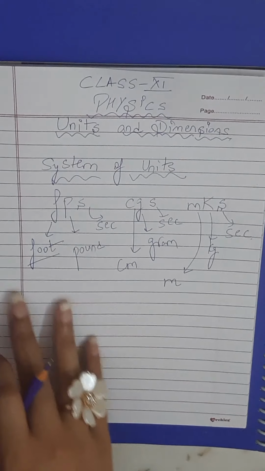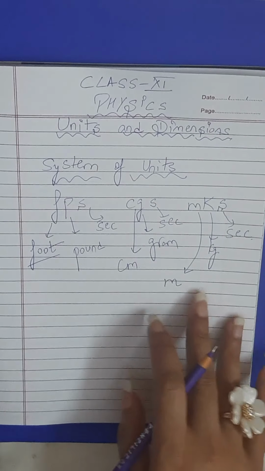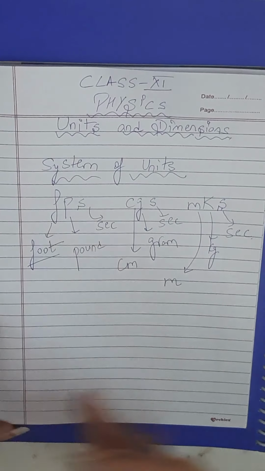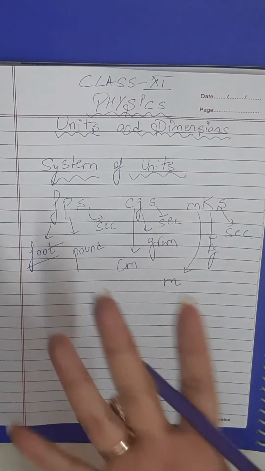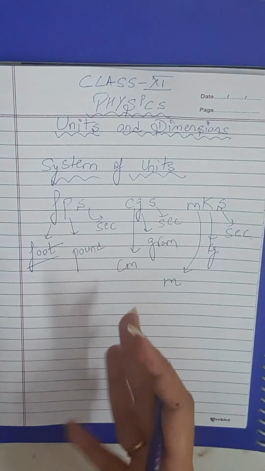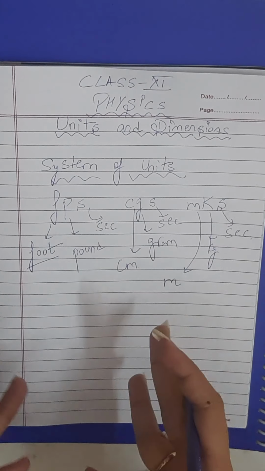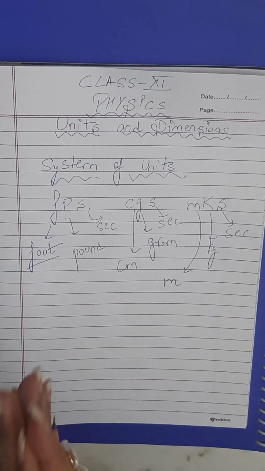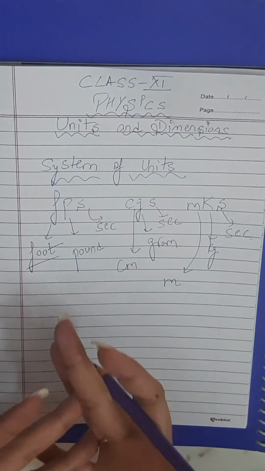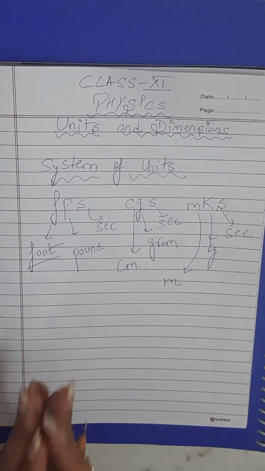Now when these systems were put into use in the earlier days, and even now also, there is a practice wherein length is measured by using your hands or by using your foot, but that creates a lot of ambiguity and a lot of inconsistency, because सबका foot का या hand का size same नहीं हो सकता.